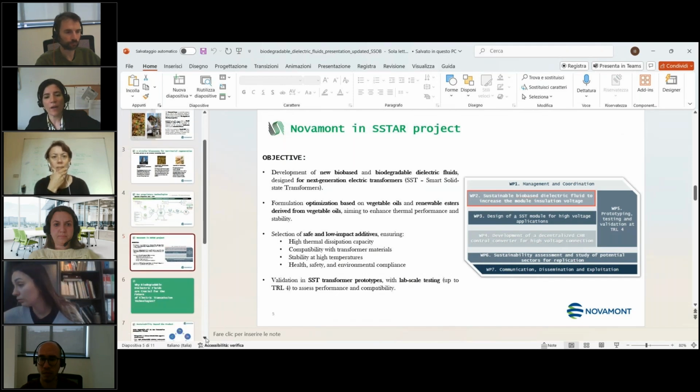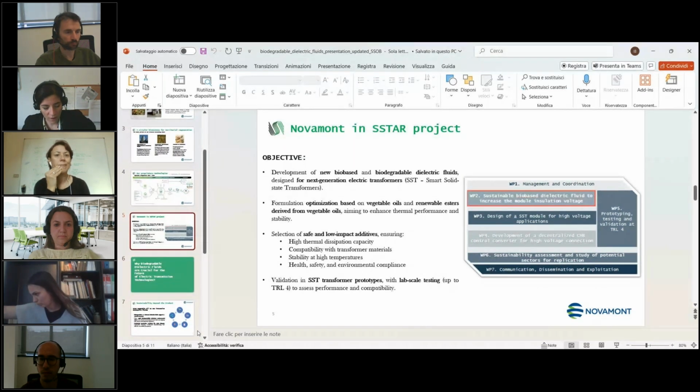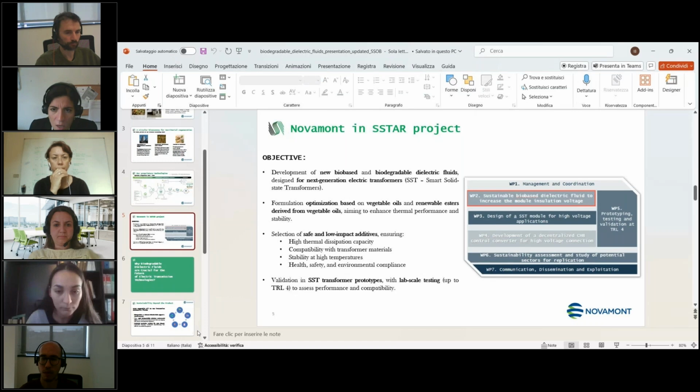Our effort in the STAR project, in fact, has been devoted to the production of biodegradable fluids, which are actually a very important tool in the good functioning of the entire equipment.